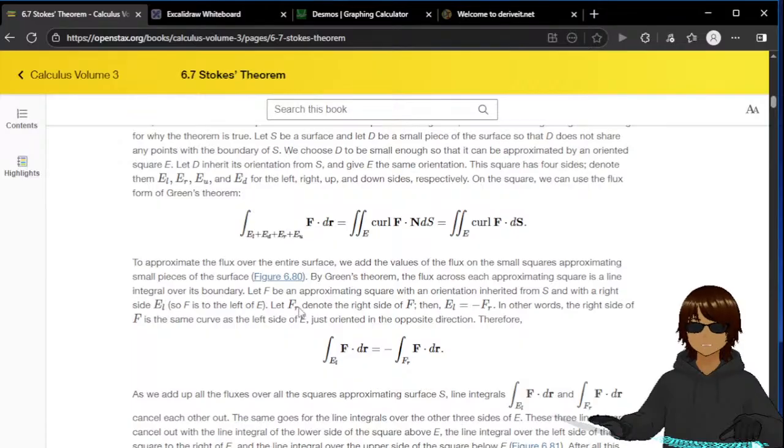Let FR denote the right side of F. Then EL is equal to minus FR. In other words, the right side of F is the same curve as the left side of E, with orientation in the opposite direction. Therefore, EL is minus FR, so the integral over EL is equal to minus the integral over FR.